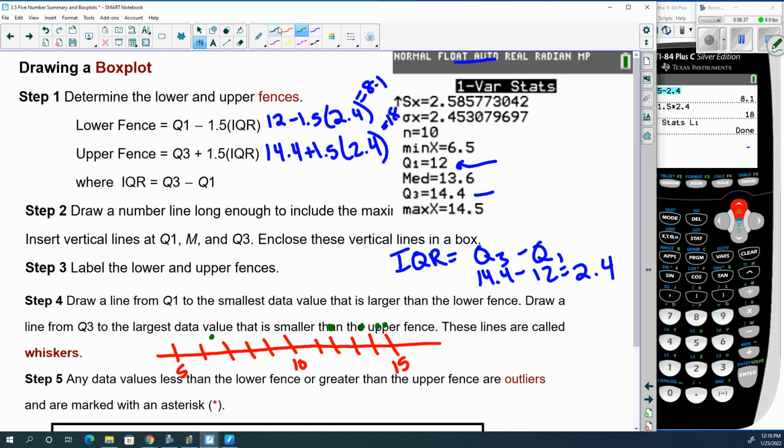So those are really close together. And then the middle 3 dots are what forms your box. And then for the median, you draw a line through it. And then you draw your whiskers. Okay, now my upper fence was 18.